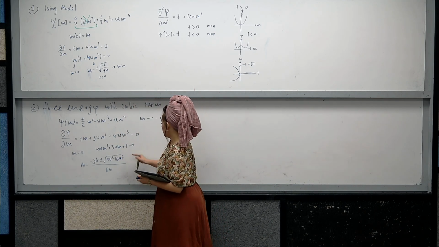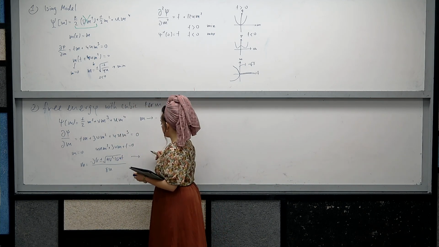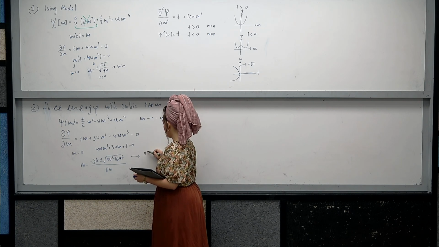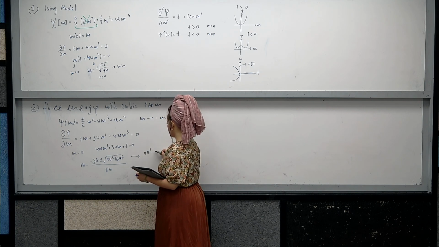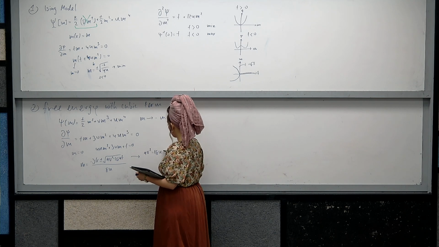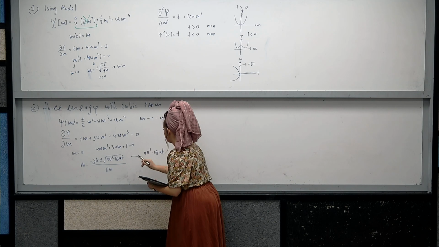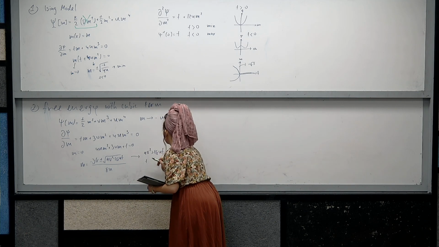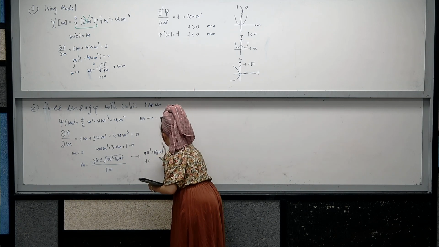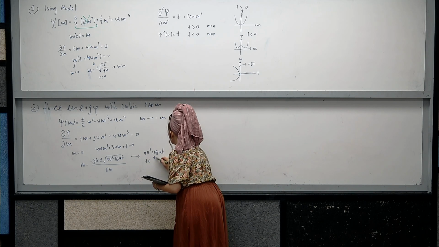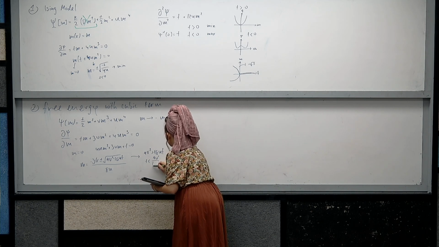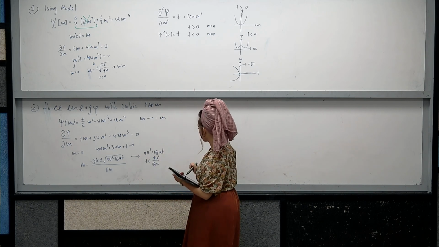Okay, so these solutions exist only if 9b to the power 2 is smaller than 16t.